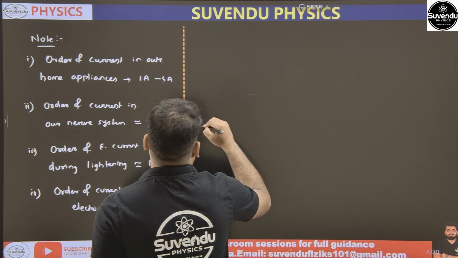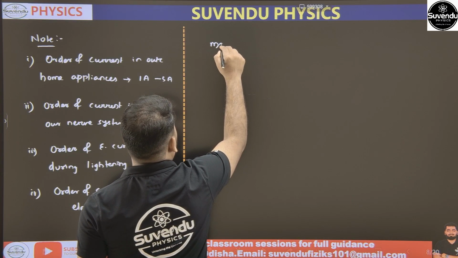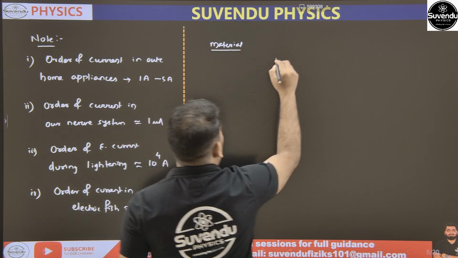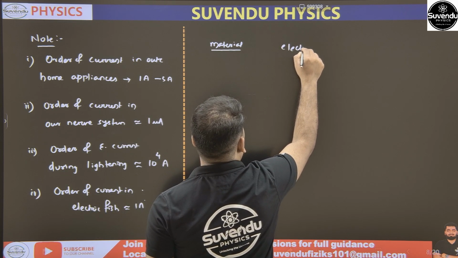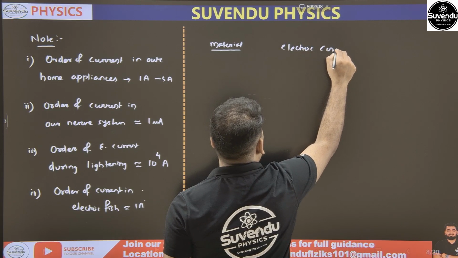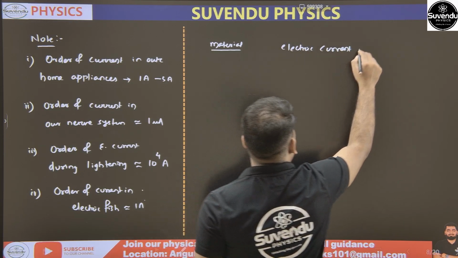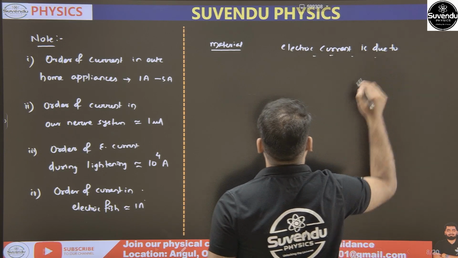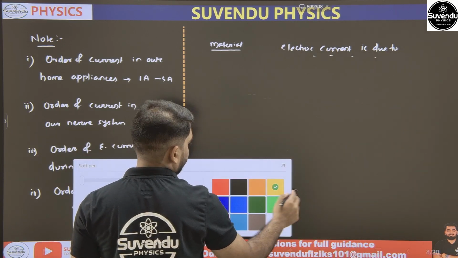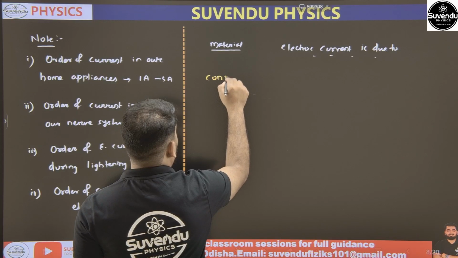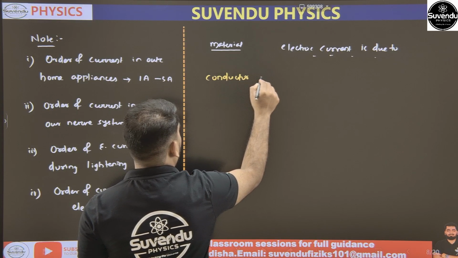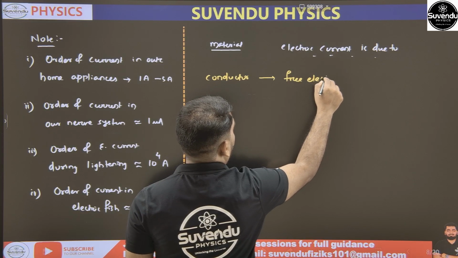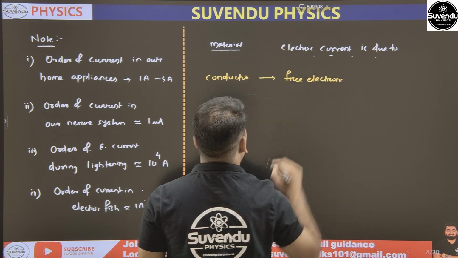Write material and electric current is due to. So first one is our conductor. In case of conductor, electric current is due to electrons.